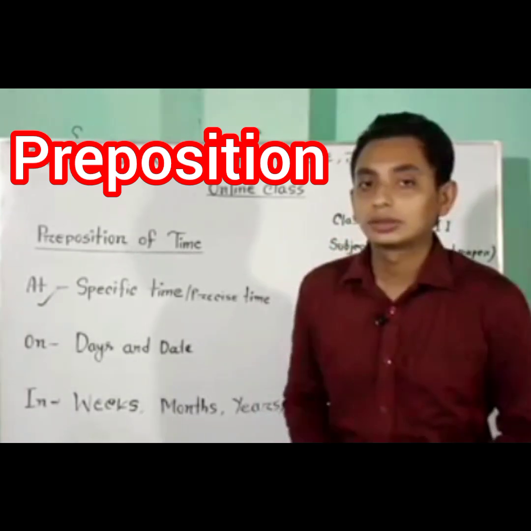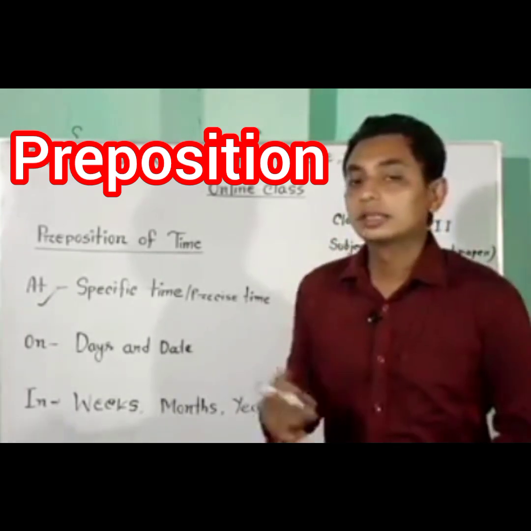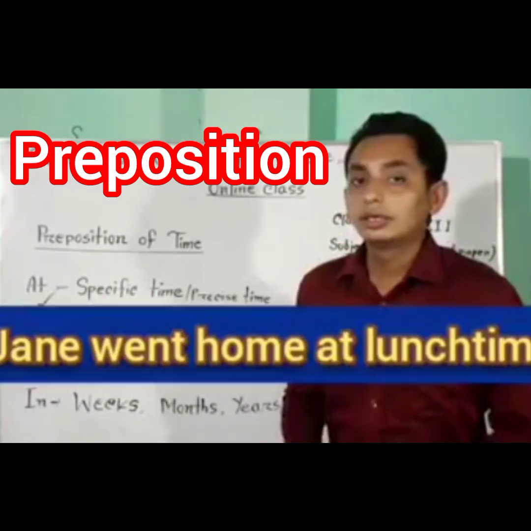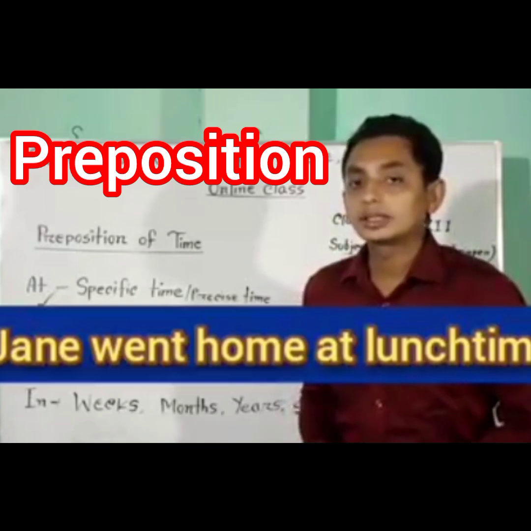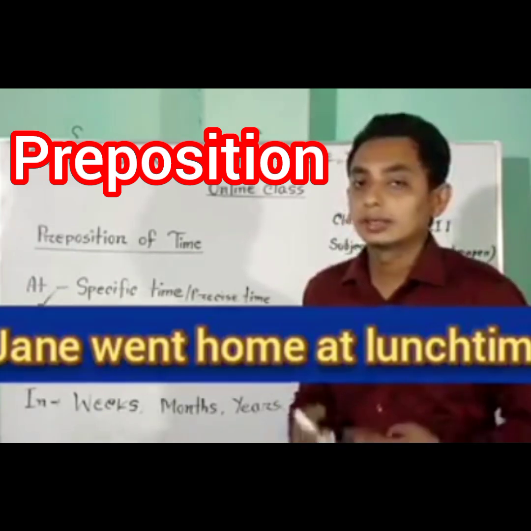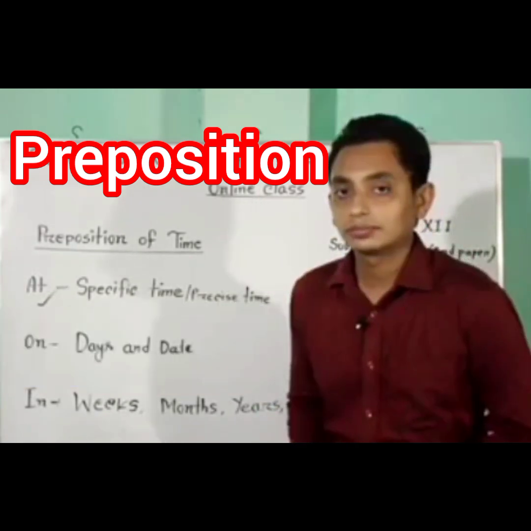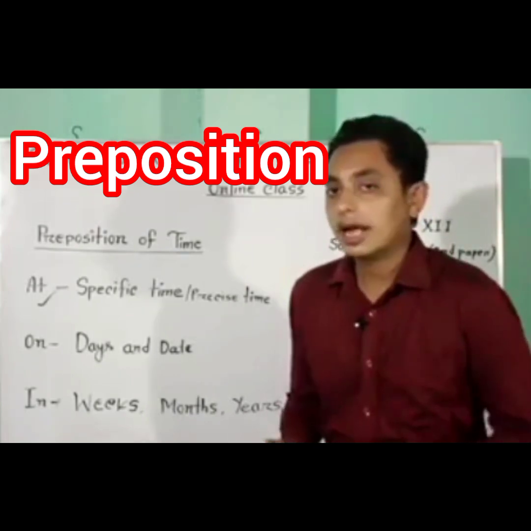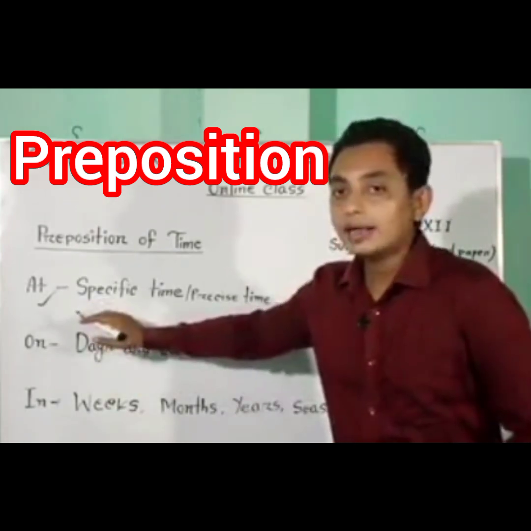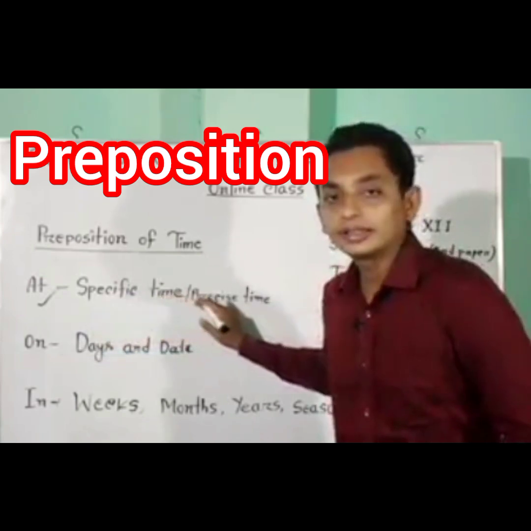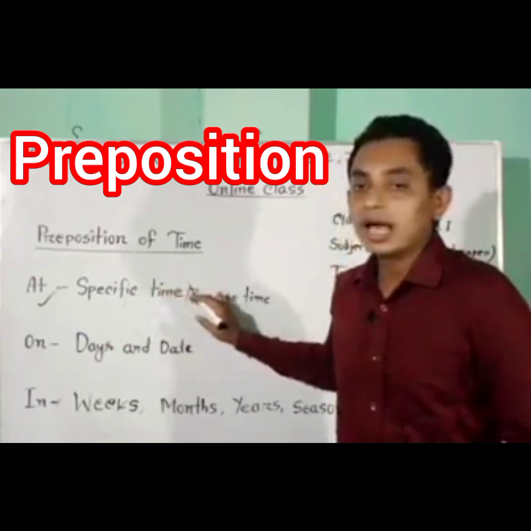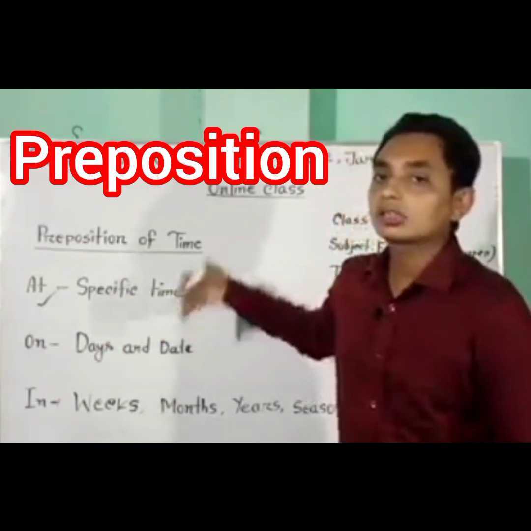Midnight. Let's give another example. Jane went home at lunch time. So I hope you understand the rules of at in case of expressing specific time, precise time, clock time.